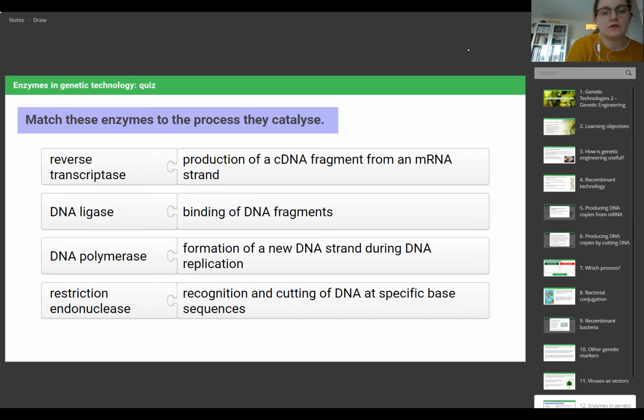Therefore, we will get fragments with the required gene. That would get you 2 marks.